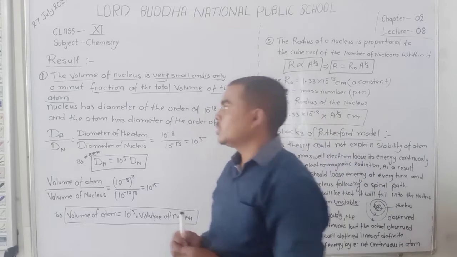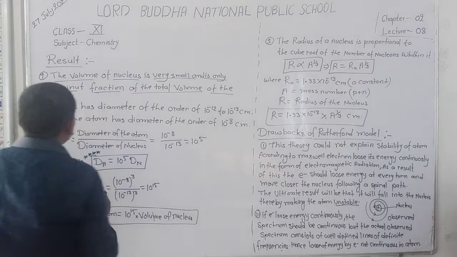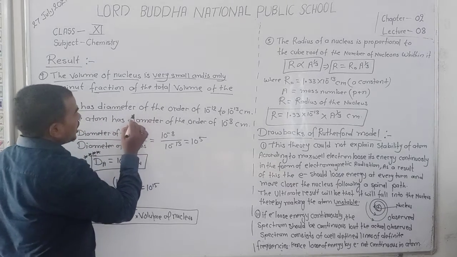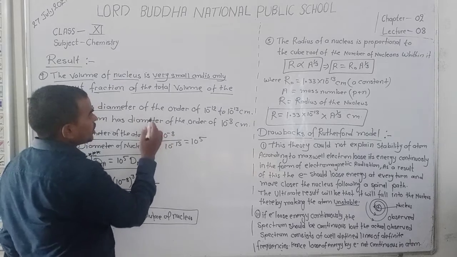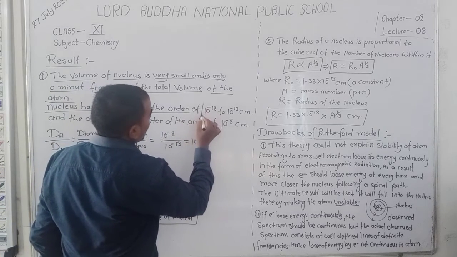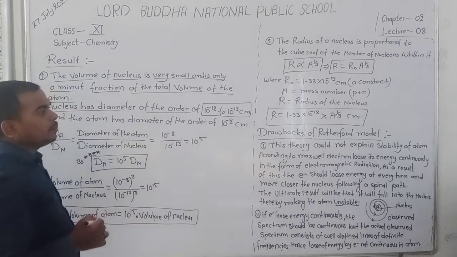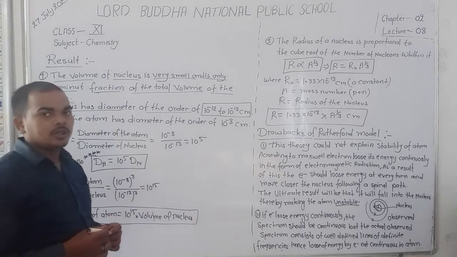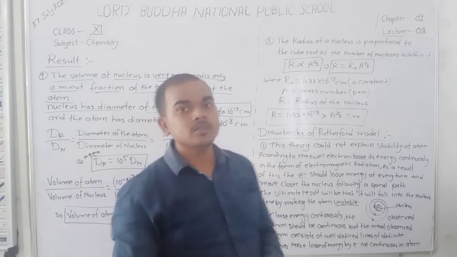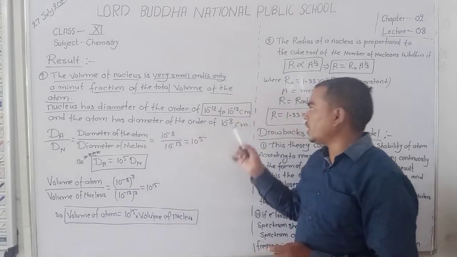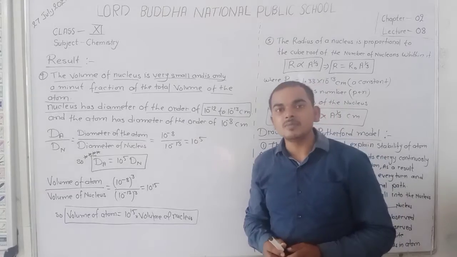Okay, student? Dear student, the nucleus has a diameter of the order of 10 raised to the power minus 12 to 10 raised to the power minus 13 centimeter. What is the diameter of the nucleus? The diameter of the nucleus is 10 raised to the power minus 12 to 10 raised to the power minus 13 centimeter.